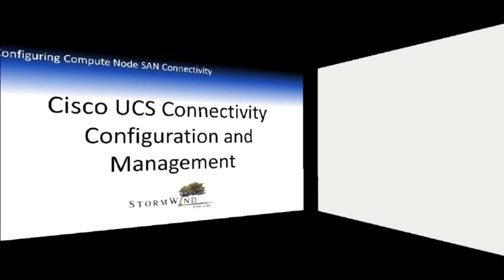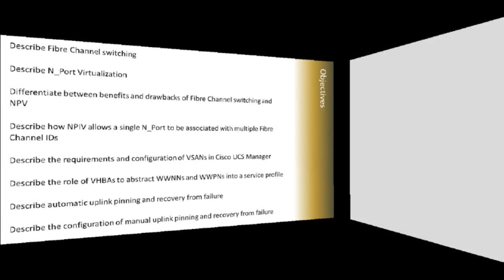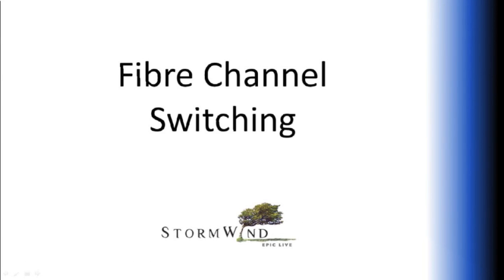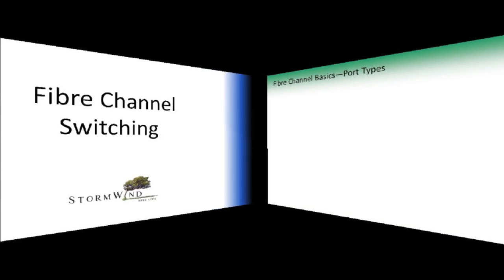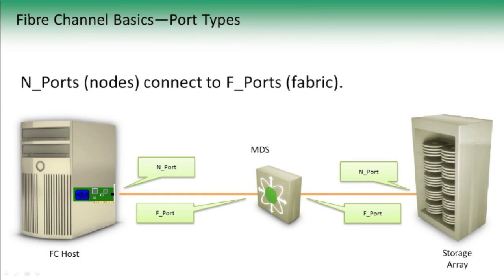All right, so let's wrap up this chapter 5. We better do that. And like I said, this will be simple because it's going to be very much tailoring on what we've talked about, just in a storage area network environment. All right, when we start talking about storage area networking, one of the things we need to consider is fiber channel. Now, fiber channel identifies two types of ports, doesn't it?